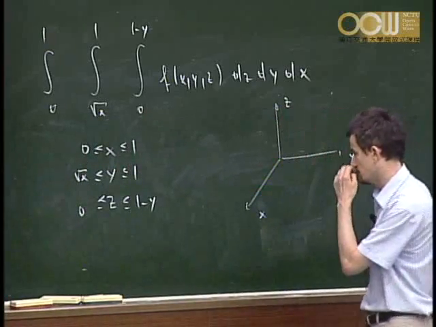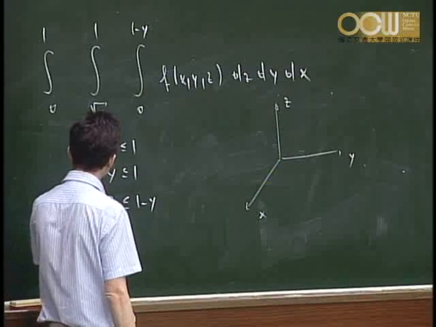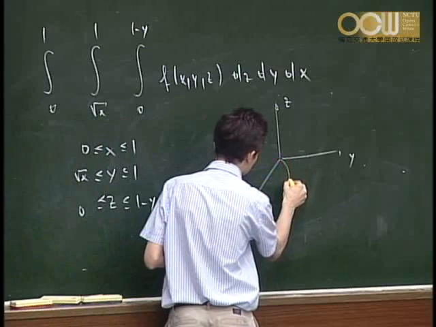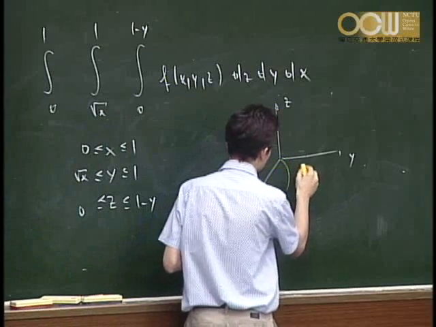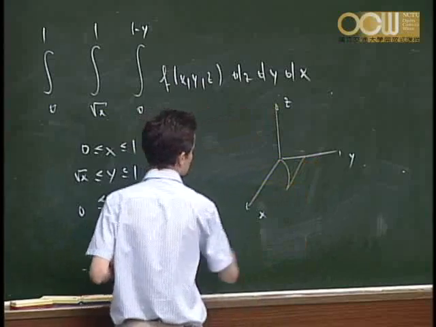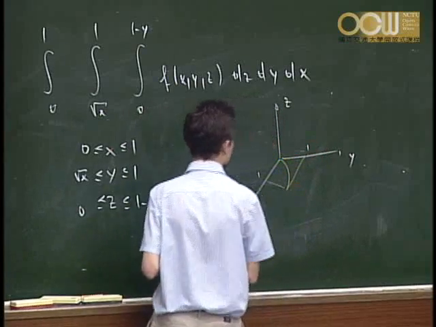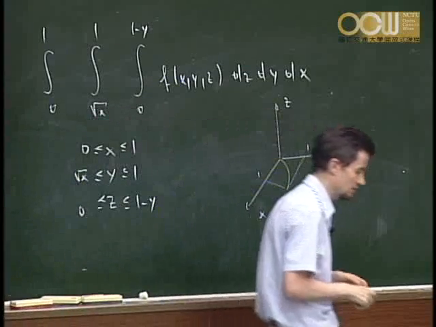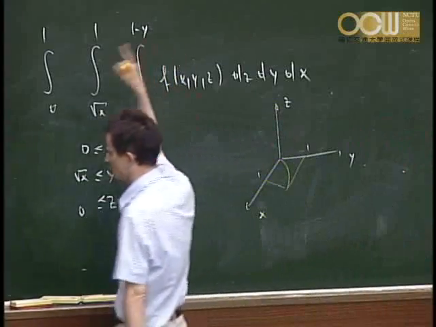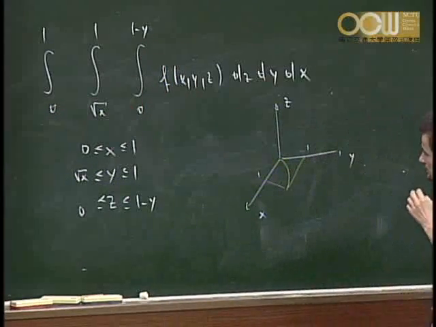We see the x goes from 0 to 1. We see that the y goes from square root of x to 1. So what we have to do is plot here the square root of x, somehow like this, and to 1. So this will be 1 here, and this will be 1. This is how the space region looks if you project it onto the xy plane.